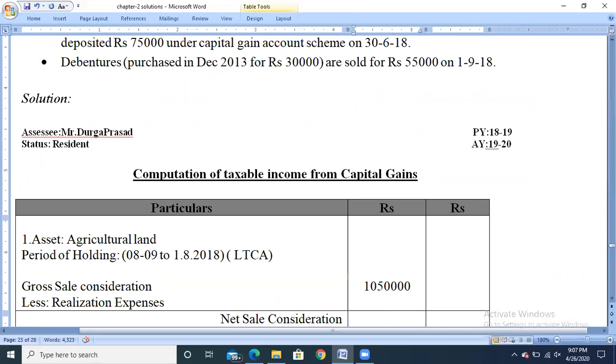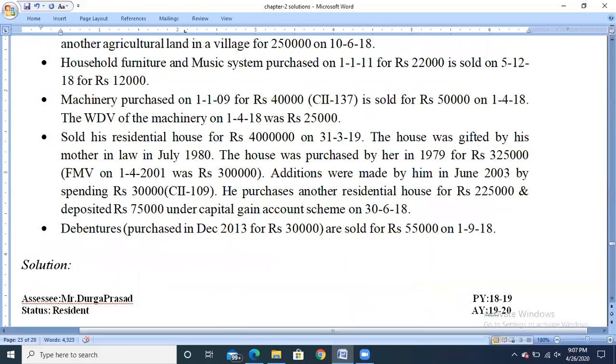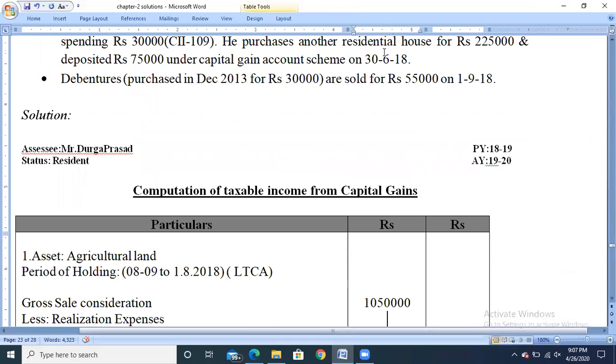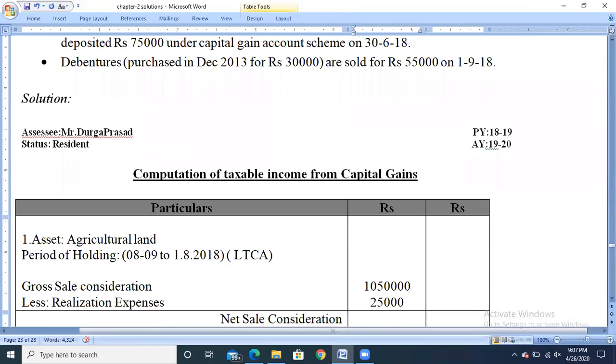In the problem they told that the assessee is going to pay rupees 25,000 as brokerage expenses, so that will be the realization expenses. So take realization expenses as 25,000. The balance amount will be 10,25,000, the net sale consideration.